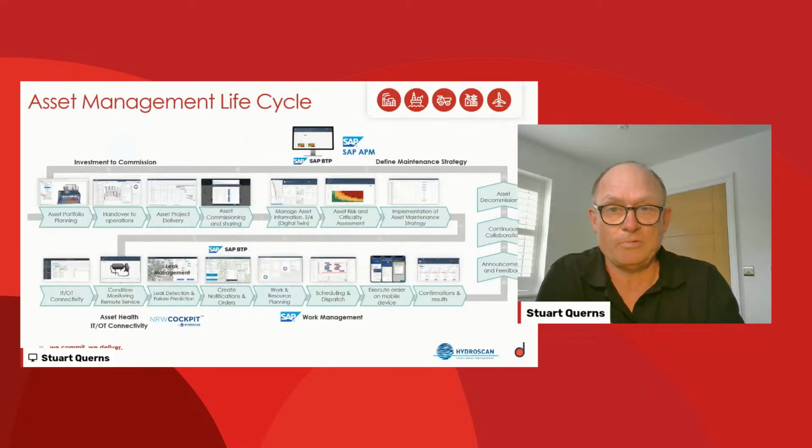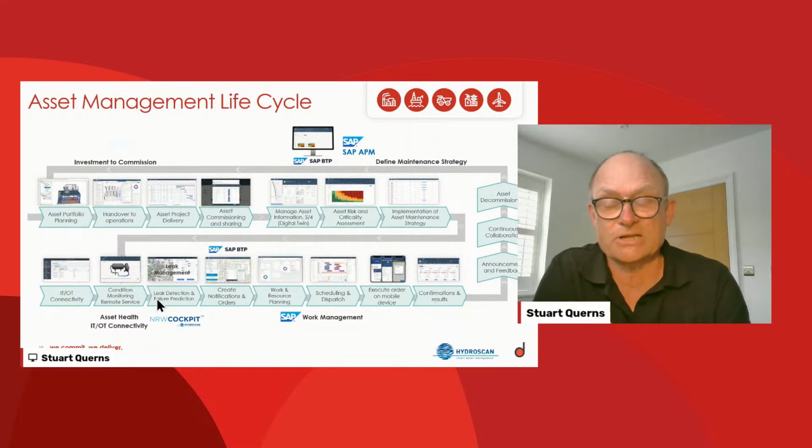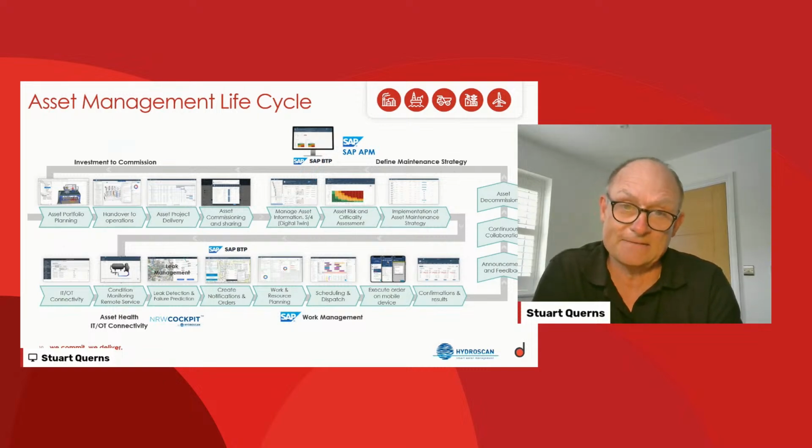In a bit more detail, we're going to drill into each of the applications that support the process I just described. Dries is going to demonstrate how the NRW cockpit from Hydroscan supports the analysis of information from field operations and sensors to identify where there are anomalies, either in trending leakage or in burst incidents.